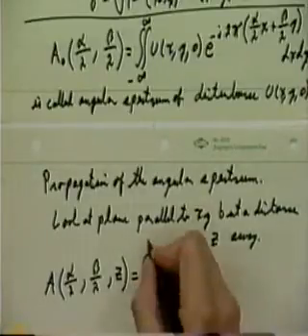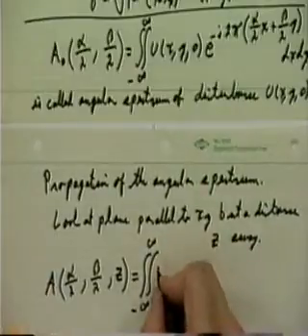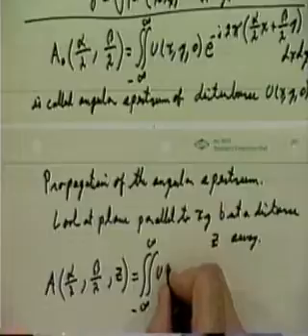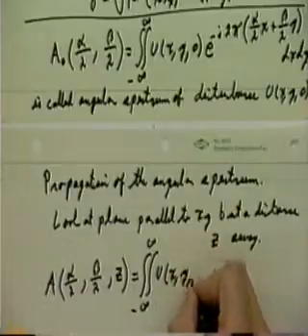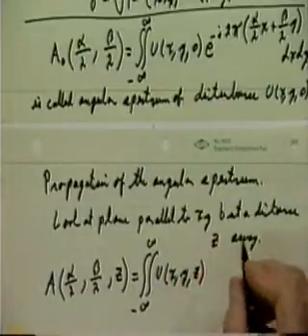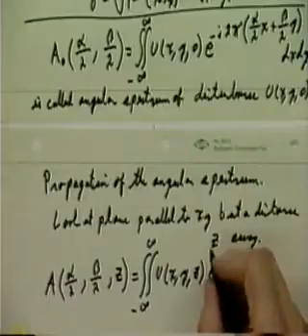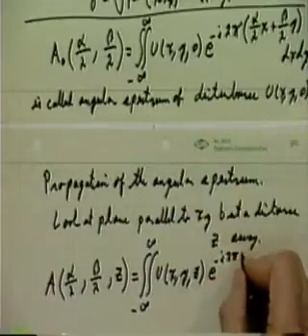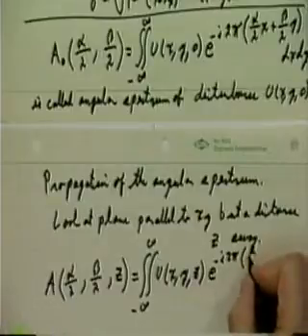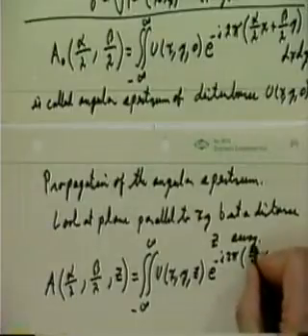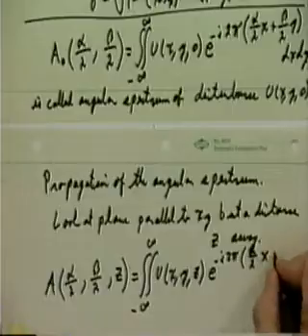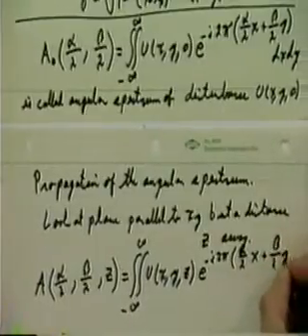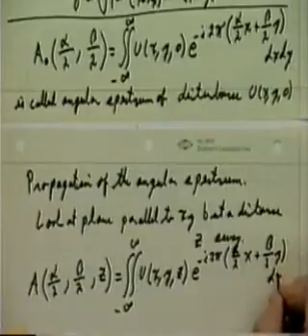And so that's going to be equal to the Fourier transform here, u of x, y, and z, e to minus i 2 pi, alpha over lambda times x plus beta over lambda times y, dx dy.